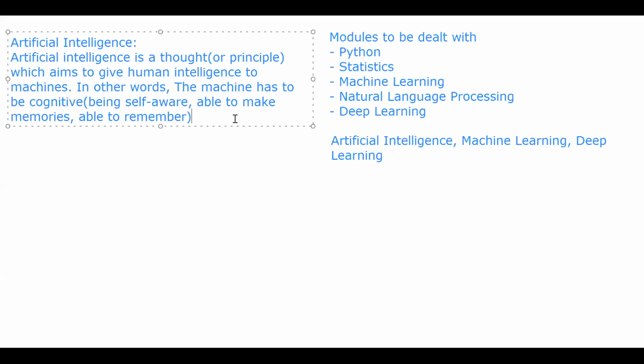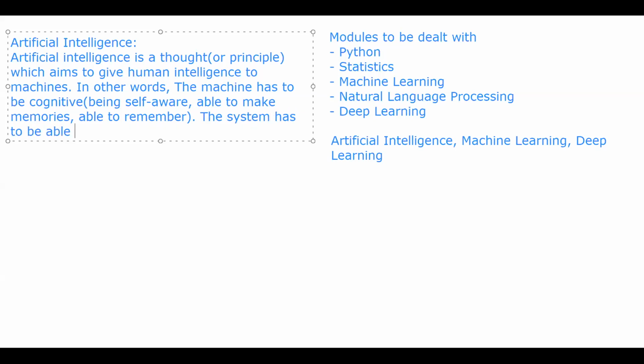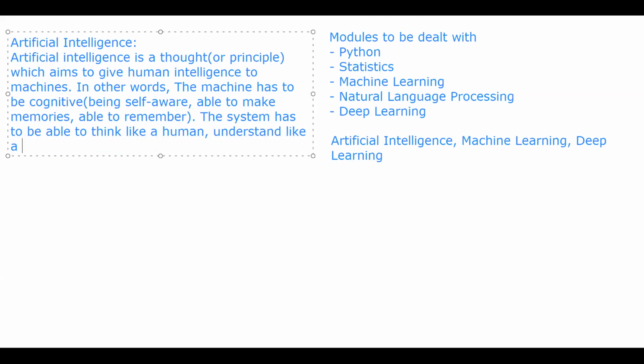That's what being cognitive means. And so the system has to be able to think like a human, understand like a human, and perceive just like a human. That's what artificial intelligence is.